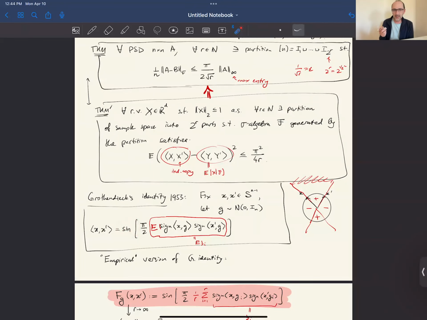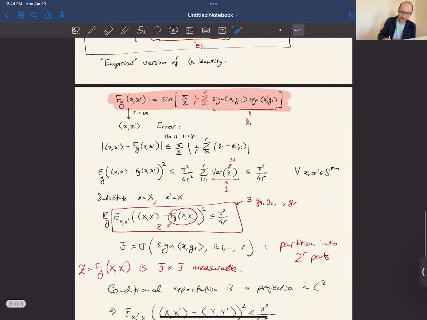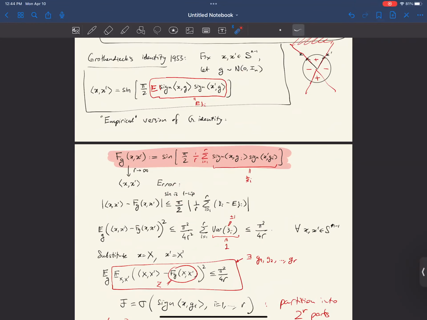What Grothendieck does is linearize it by embedding the inner product into higher dimension, and there he uses what we call the kernel trick. The sign was also a problem for us here, but we just use that sign is 1-Lipschitz, so we get away with it. It was a much simpler thing. Whether that can be done on the level of Grothendieck, I do not know. Probably not. Yeah, that's a good point.